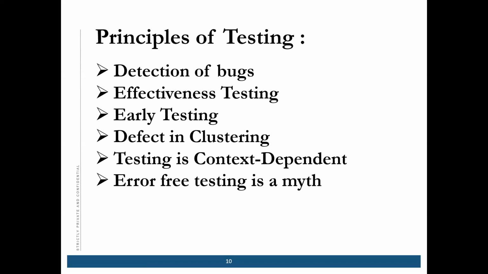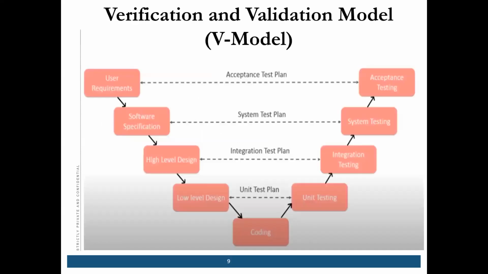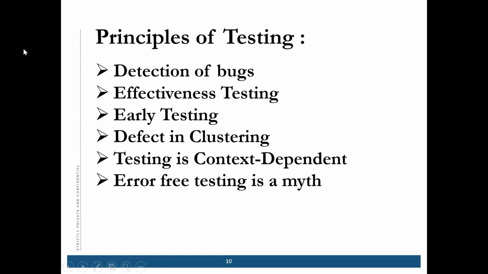Earlier, testing would always start when the product was ready, correct? But nowadays, as I told you in the V&V model, testing can start from the user requirement itself. As early testing starts, there are more chances of you getting more errors, because now the tester is also aware of the requirement, and everything is given to the tester also, so they are more aware of what the project is all about.